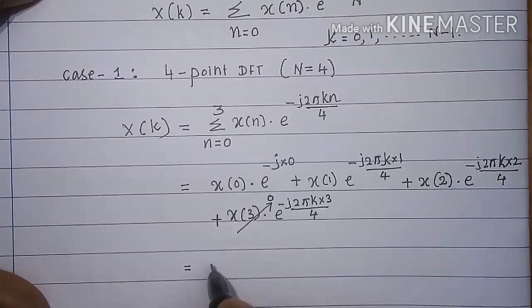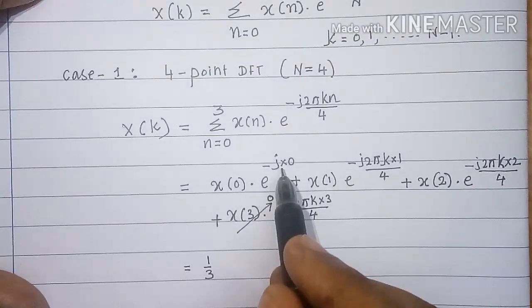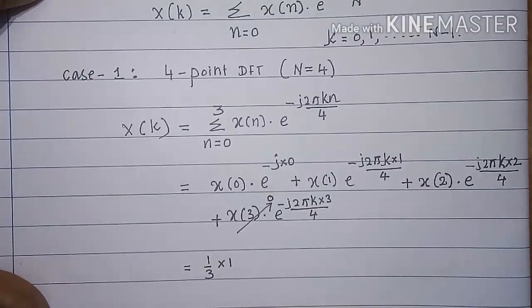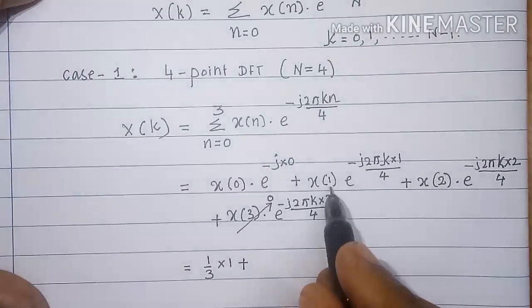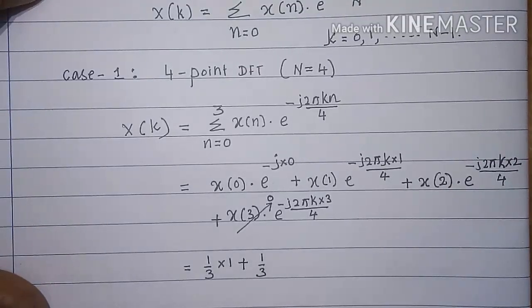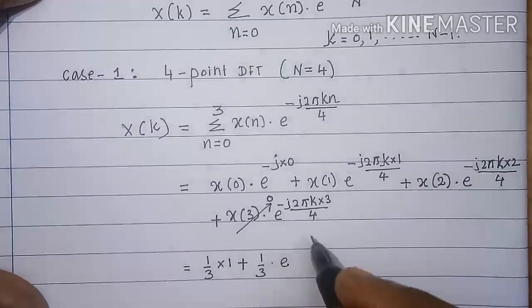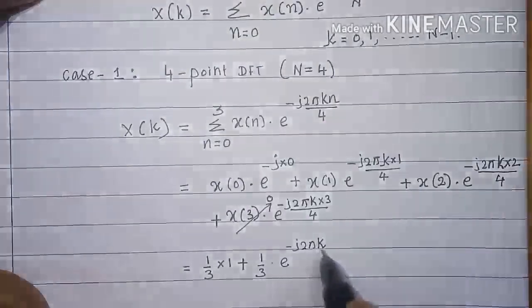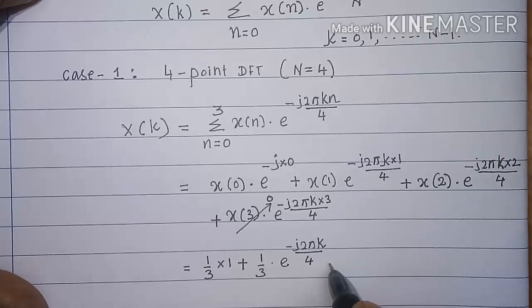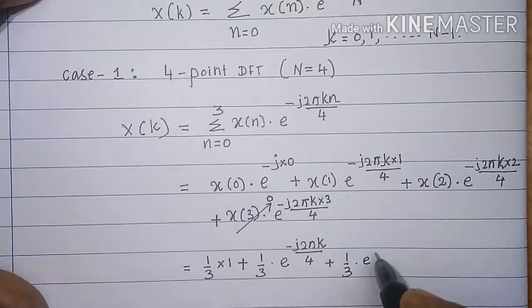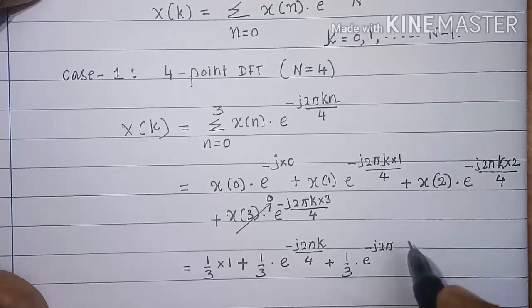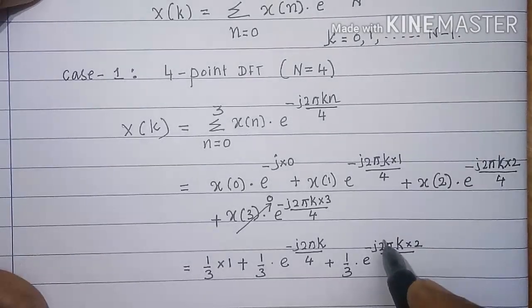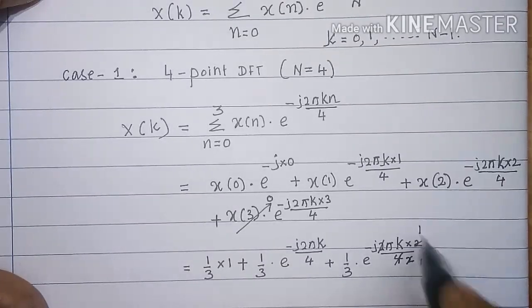x of 0 is 1 by 3. e raised to 0 is 1, plus x of 1 is 1 by 3 e raised to minus j 2 pi k into 1 is k only, divided by 4, plus 1 by 3 into e raised to minus j 2 pi k into 2 by 4.